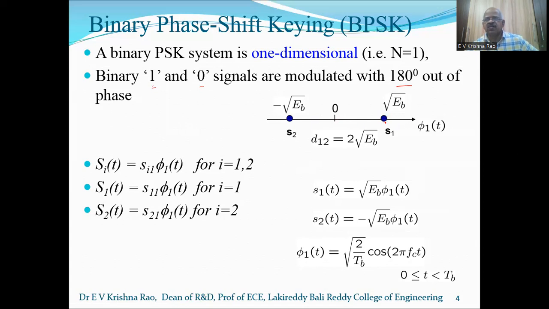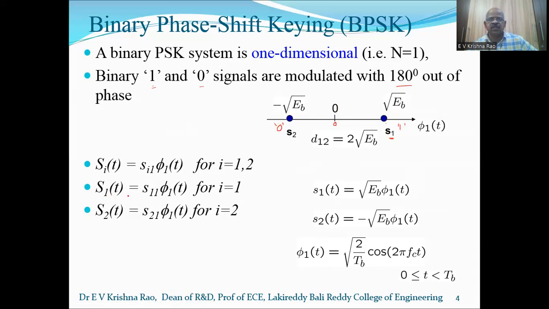So this is 0 phase and 180 degrees out of phase. This is the origin 0. So for binary 1, S1 of t is taken, for example, as root EB energy. For binary 0, S2 of t is at the energy minus root EB, that is 180 degrees out of phase.